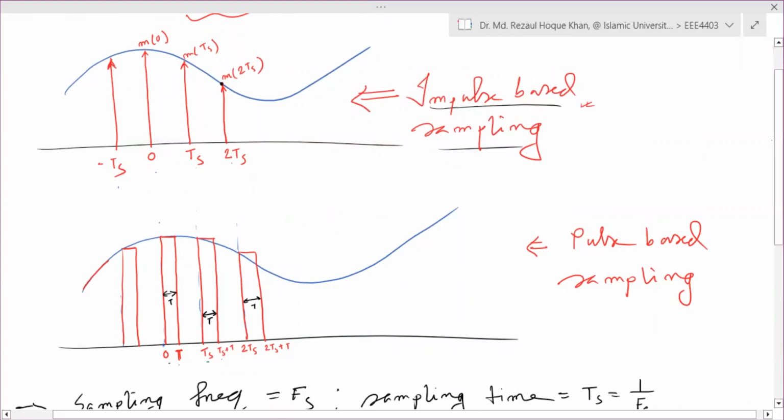This is the amplitude of the signal here, and here, and here.